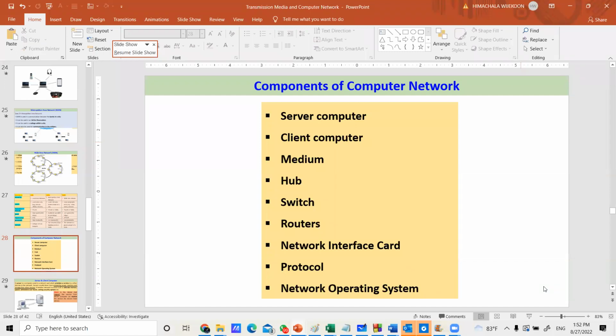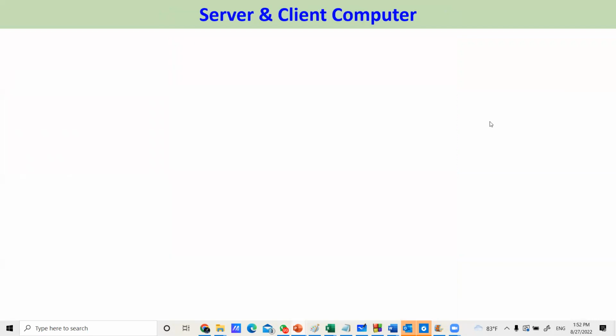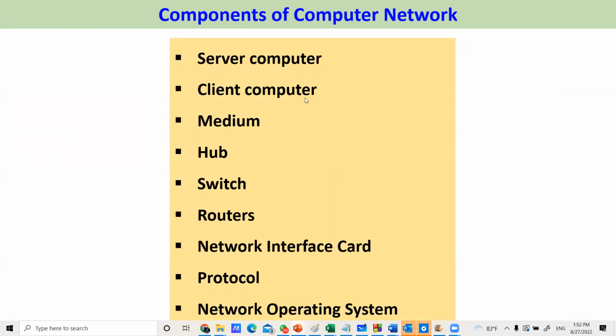Here we'll take the first one, server computer, server and client. From these, we already discussed the medium, therefore we are not going to discuss the medium here.